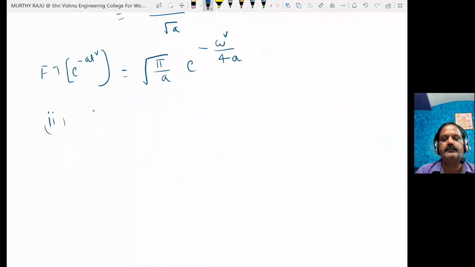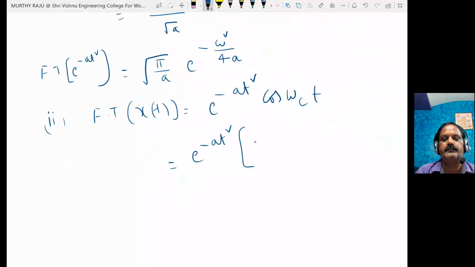the Fourier transform of x of t is equal to e power minus at square cos omega ct. Here cos x, by Euler formula, is e power jx plus e power minus jx by 2. Here jx is j omega ct.